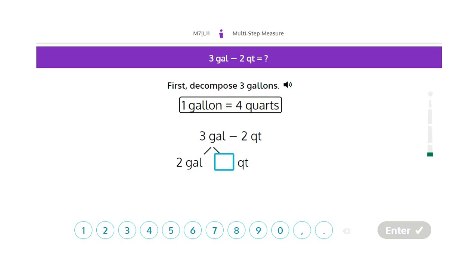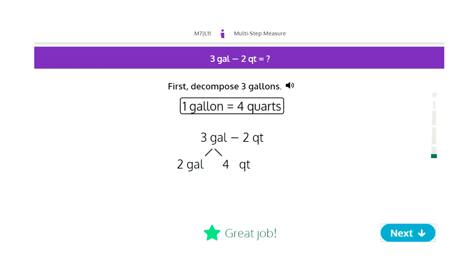So we will need to break down 3 gallons into 2 gallons, and how many quarts do you think? That's right, 4 quarts, because 4 quarts equals 1 gallon. And I want to really reinforce here that we still have 3 gallons.